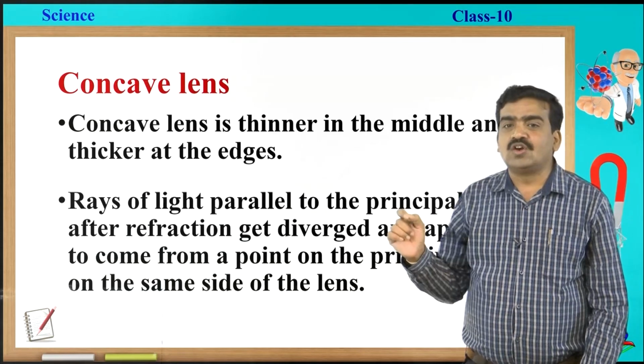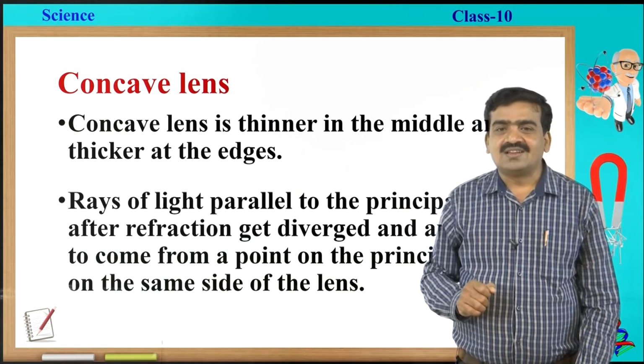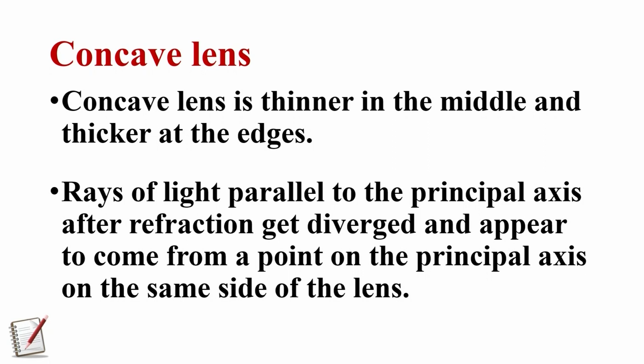Now, let us know about the concave lens. It is quite opposite to the meaning of the convex lens. A concave lens is thinner in the middle and thicker at the edges.